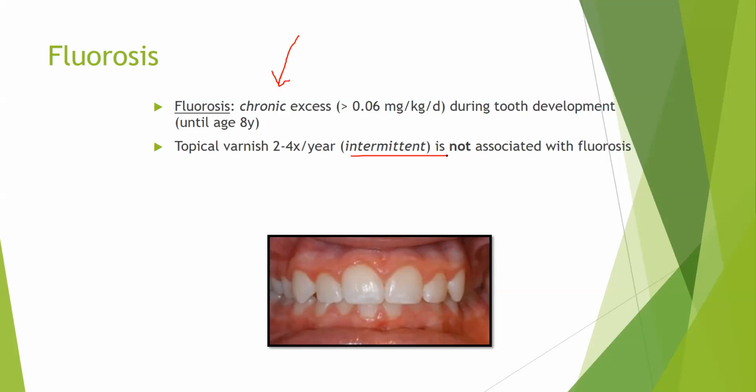This is intermittent. So intermittently putting topical fluoride on the teeth is not going to cause fluorosis. This is just when we have chronic excess oral intake of fluoride, we can get these fluorosis, which cause these white streaks in the teeth and deposits of fluoride all over the teeth, which is pretty gross.